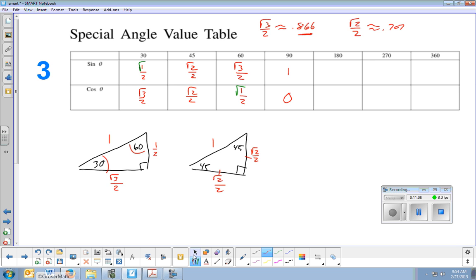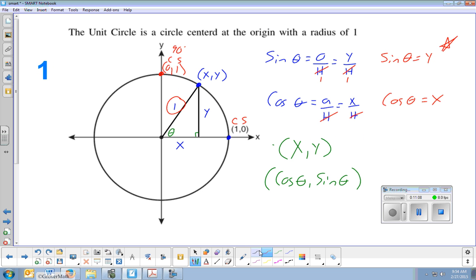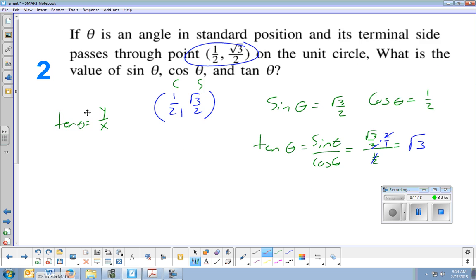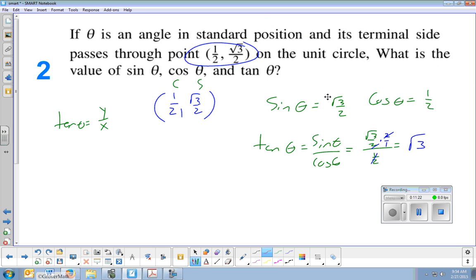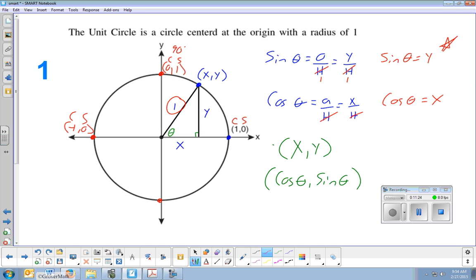And then the others, 180, 270. This would be 180 degrees right here, and it would be the coordinate negative 1, 0. So that means that cosine here is negative 1, and sine is 0. For 270, this would be the point 0, negative 1.